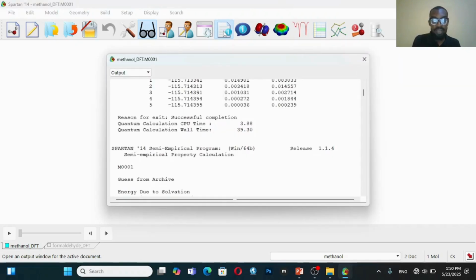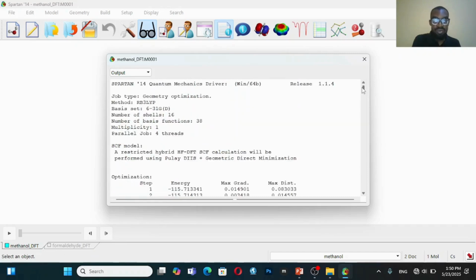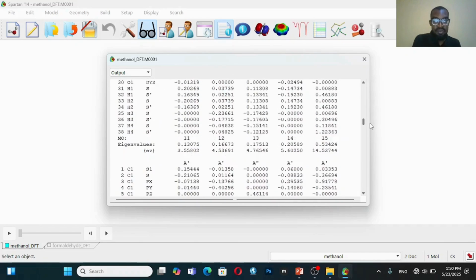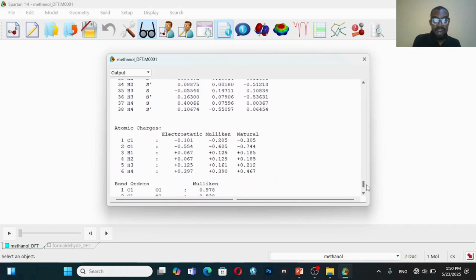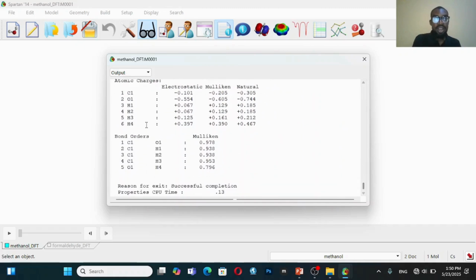Click on this output and you can see more information on what you carried out: geometry optimization, the basis set that was chosen, the multiplicity, and you can see several things that took place, the different atoms you had, their charges.